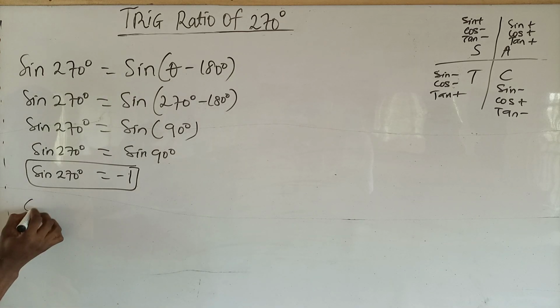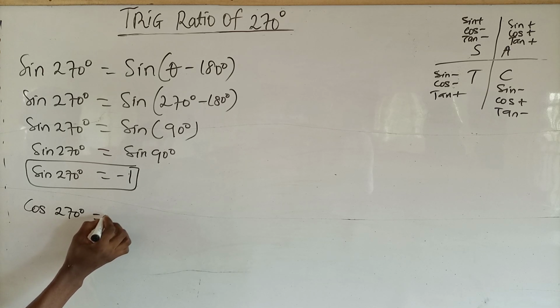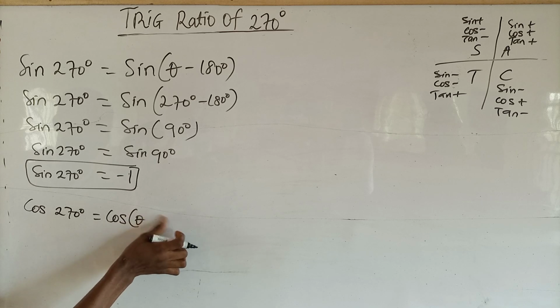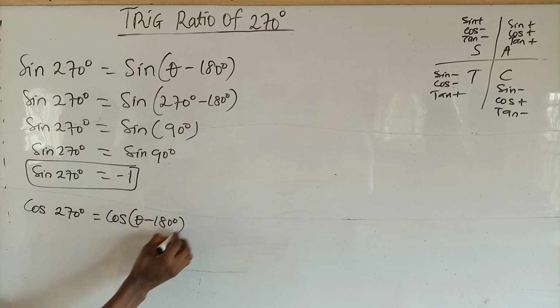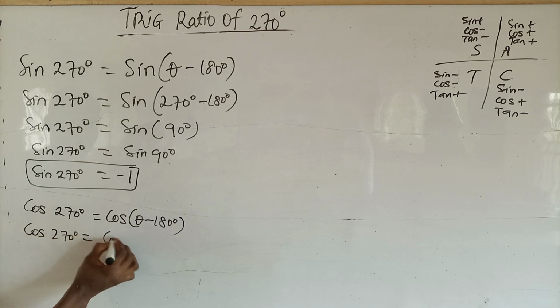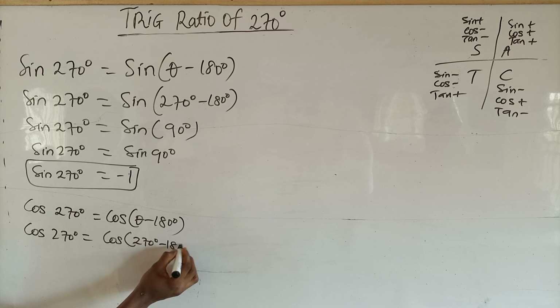We come to cos 270 degrees. Using the same formula, cos bracket theta minus 180 degrees. So cos 270 degrees is equal to cos bracket, our theta is 270 minus 180 degrees.